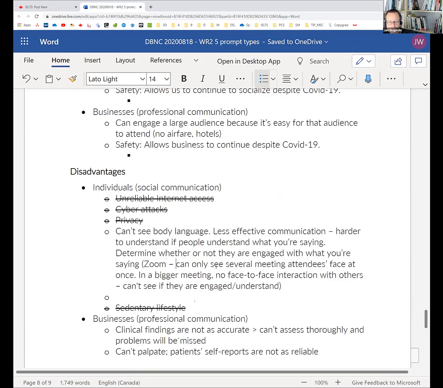It's obvious that you can't examine a patient as well through a teleconference or a video conference compared to seeing them in person. No problem whatsoever understanding or explaining this, and that falls under professional communication.